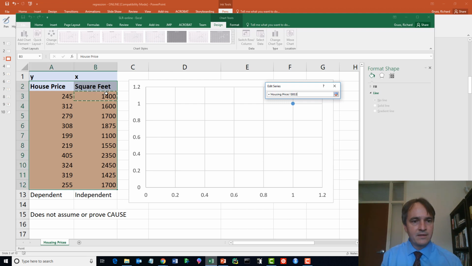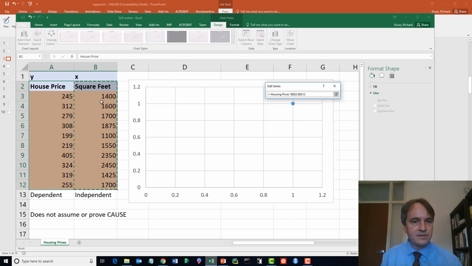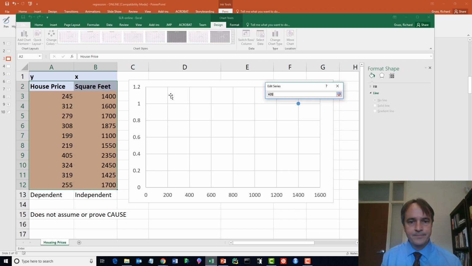So we say these will be our x values. Okay, and actually let me just select the values themselves. So the square feet will be our x, and our y will be the price.